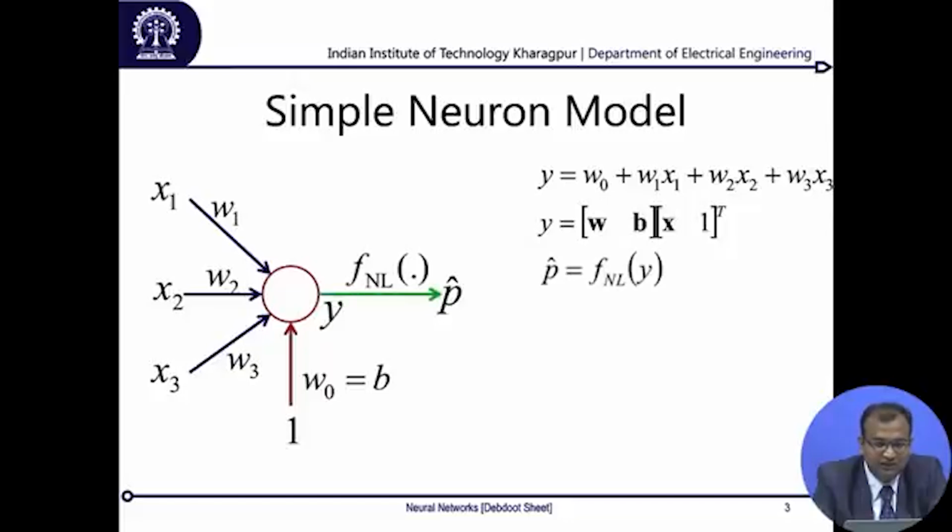Now I apply a transformation on top of this resultant output, which is called a nonlinear transformation, and this maps the output of the summer onto my predictor, p hat. This nonlinear function can be of the form 1 by 1 plus e to the power of minus y, where y is the input given to this nonlinear function, and this has a very famous name: the sigmoid nonlinearity function.